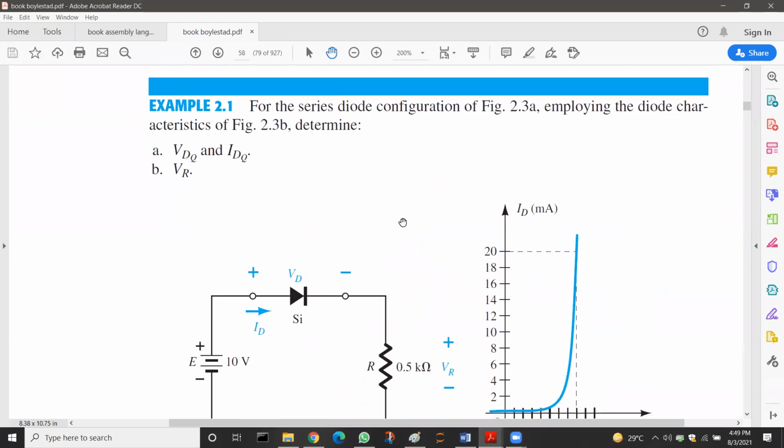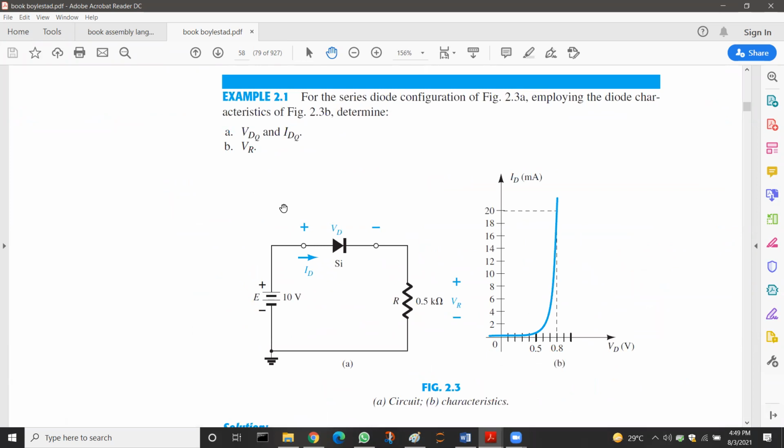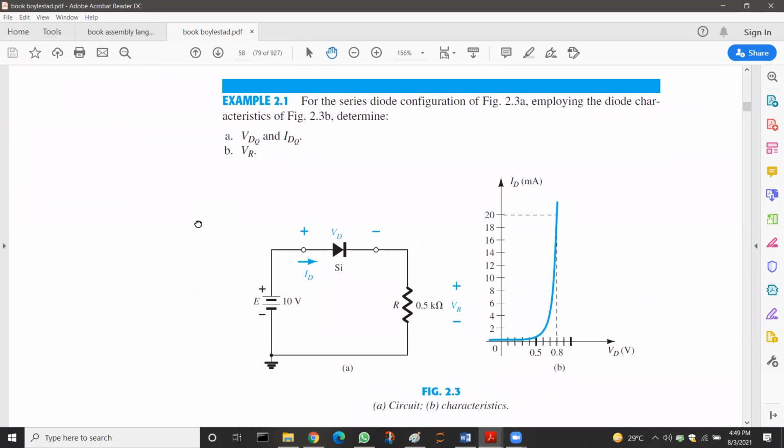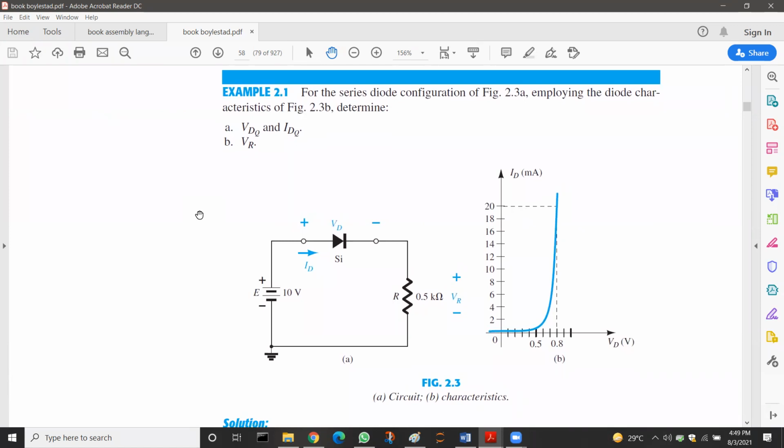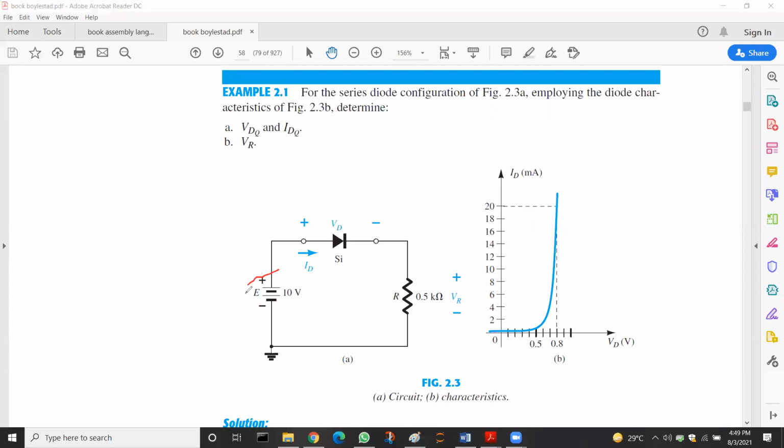For example, we will go through this example and then we take a short break before our next session. So in this circuit, the value of E is given, and similarly the value of R is also given. Because these values and the characteristic curve are given, we can easily find the Q point.